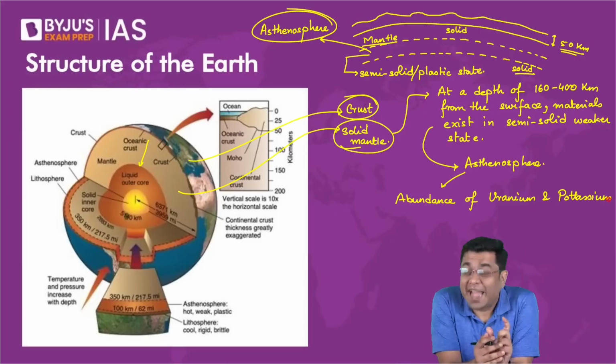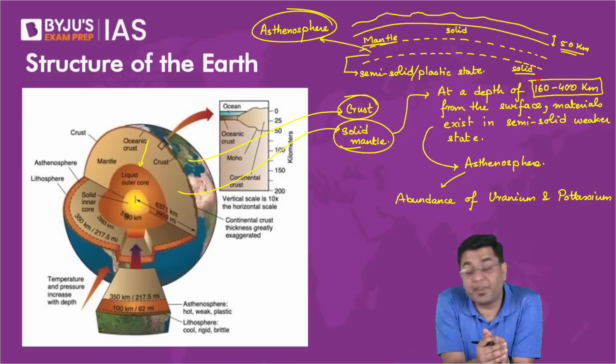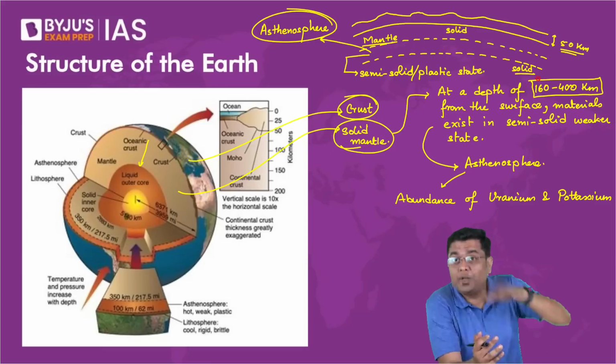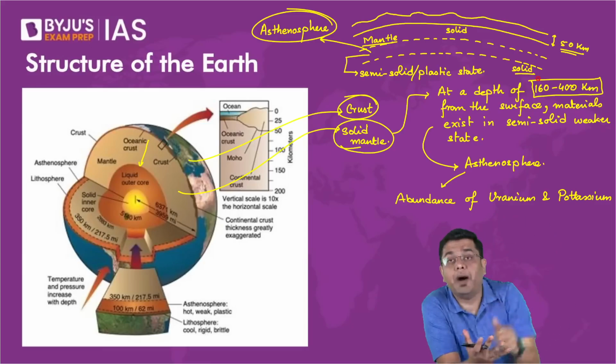Understand, already the temperature, as you go every kilometer into the depth, keeps on increasing, sometimes by 20 degrees Celsius per kilometer, sometimes by 25 degrees Celsius per kilometer. So by the time that you are at a depth of 160 to 400 kilometers, the temperature is significantly high. To add to that, there is a pressure exerted by all those heavy rocks from above.